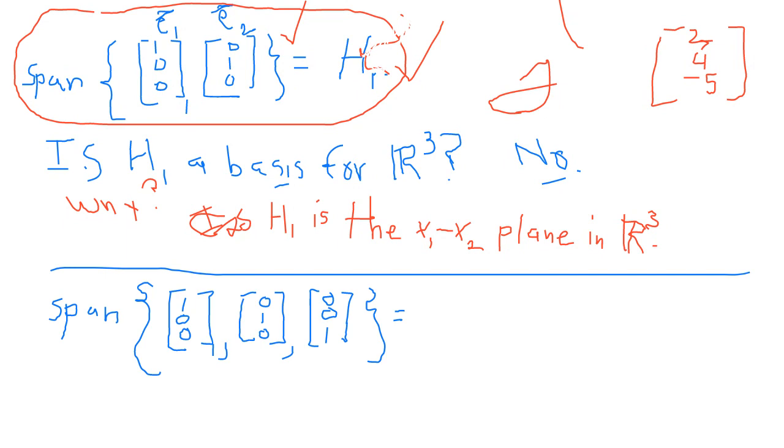I'll call that H2. Okay. In this case, we know H2 is a subspace because it's a span of vectors. Anytime you have a span of vectors, that span is a subspace.